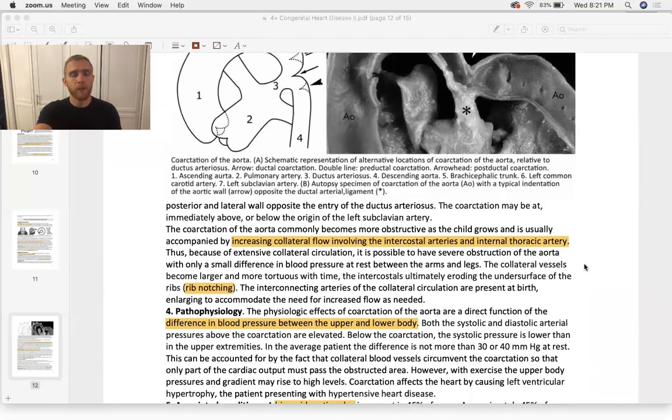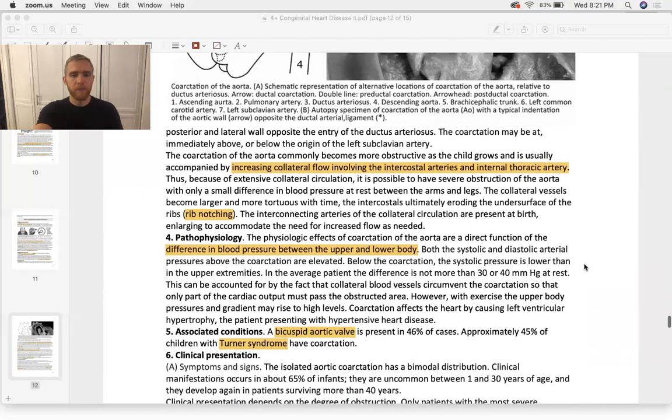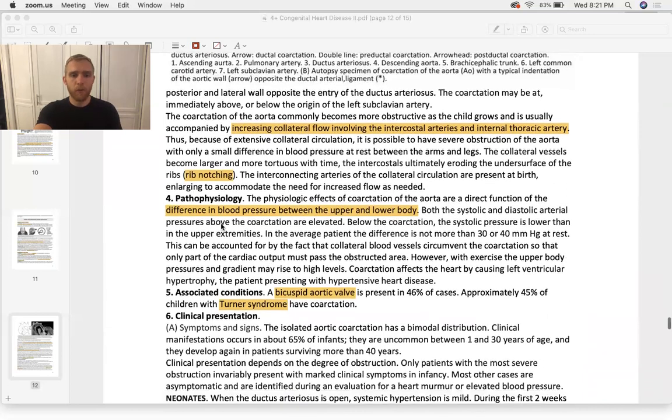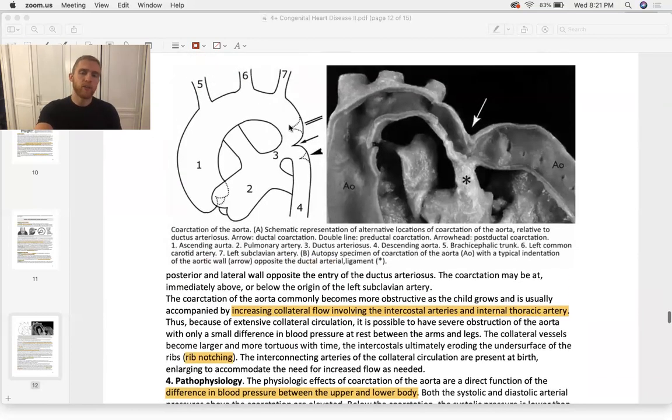There are some particular symptoms that are common to both children and adults. One of them is rib notching. Another is a differential blood pressure between the upper and lower body. And as we mentioned, that's because, look at where the coarctation or the stenosis is. It's downstream from the upper extremity feeding arteries.